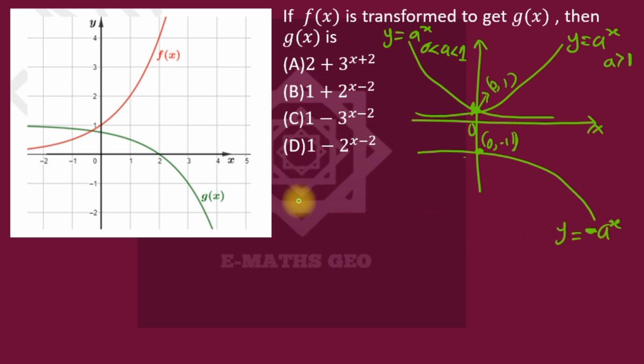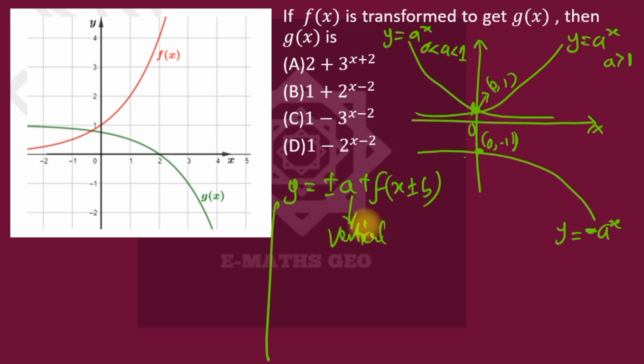And again, there's what we call horizontal and vertical shift. If you have a function y equals plus or minus f of (x plus or minus b) plus or minus a, that a is the vertical shift, that's moving up or down.